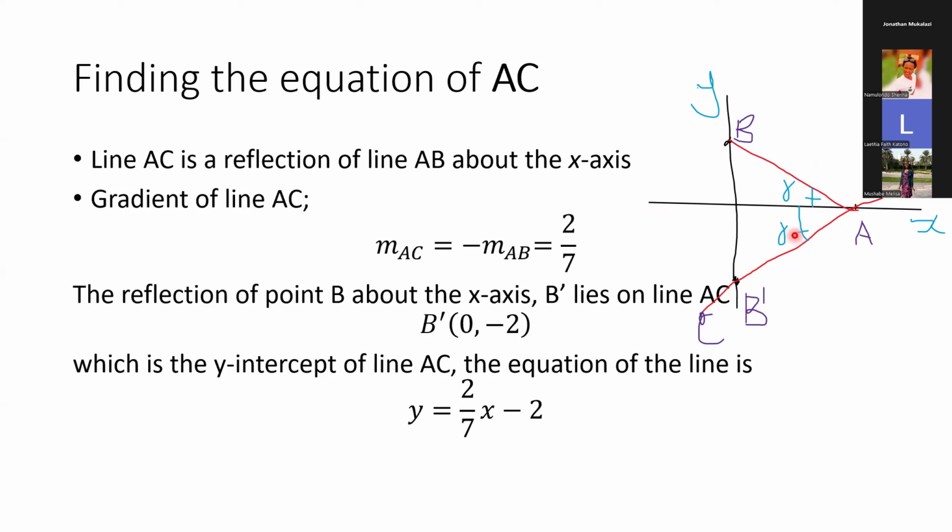What does it mean when you bisect something? If this angle here is equal to this angle here, that just implies that this is reflected across here, because we have some points on this line that correspond exactly to points on the other line. And if you look at the distance from point B to the center 0, 0, it should be exactly the same distance on the other side because this angle is equal.